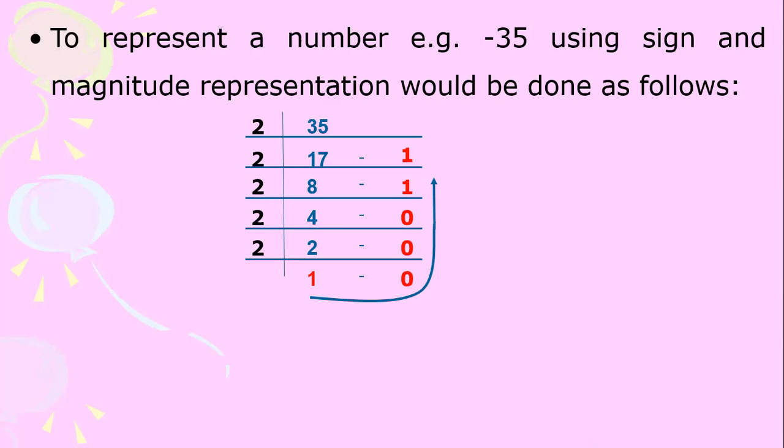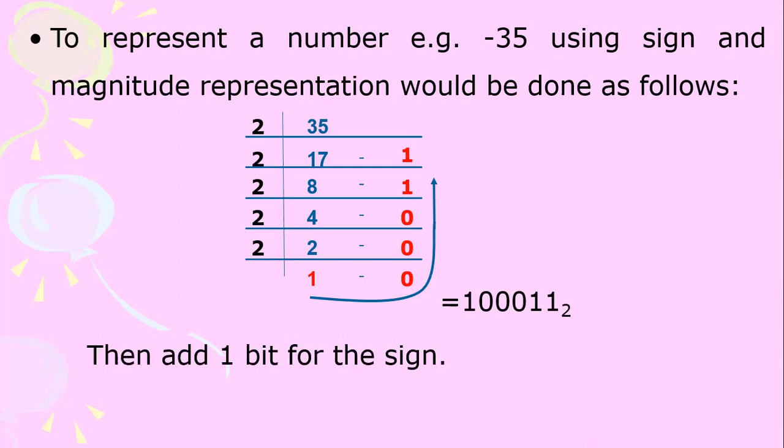Because we have ended up with 1, we take 1 as our last remainder. And then we pick all the remainders towards the first remainder, that is 1, 0, 0, 0, 1, 1. So our binary equivalent of 35 is 1, 0, 0, 0, 1, 1 binary.